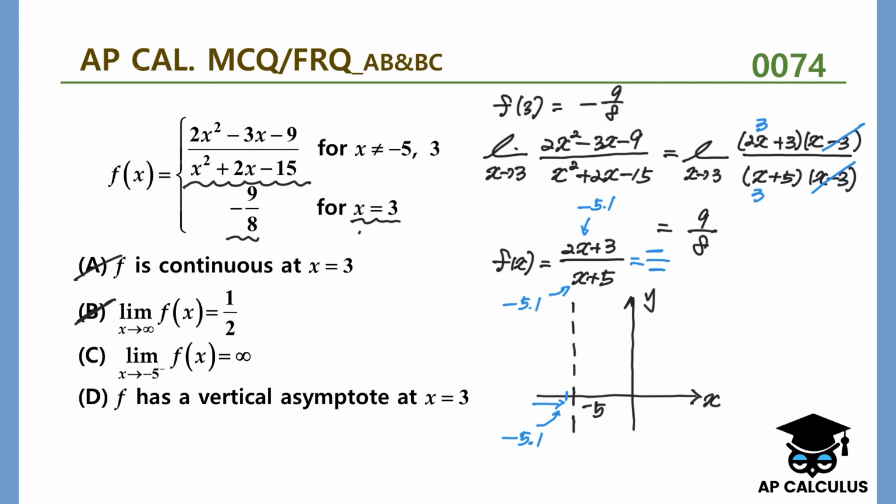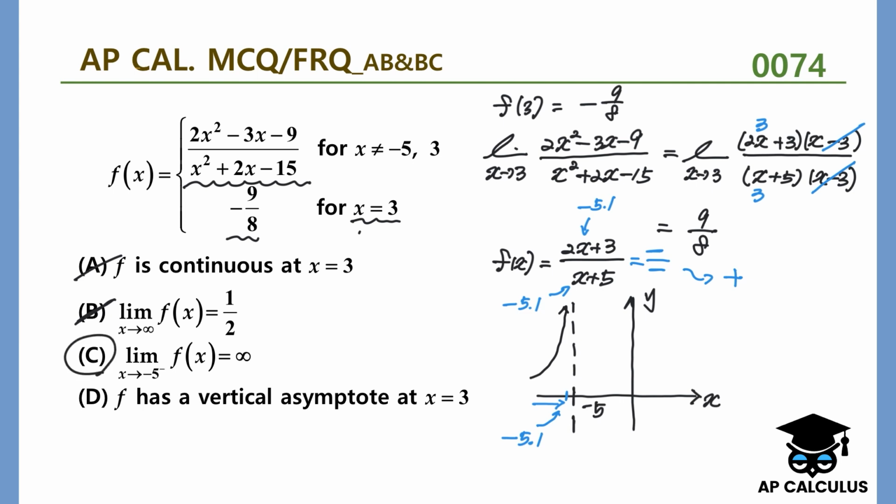So negative over negative is equal to positive. So as x approaches negative 5 from the left-hand side, the function approaches positive infinity, like that. So C is true. C is the answer.